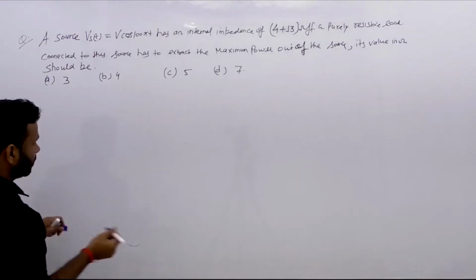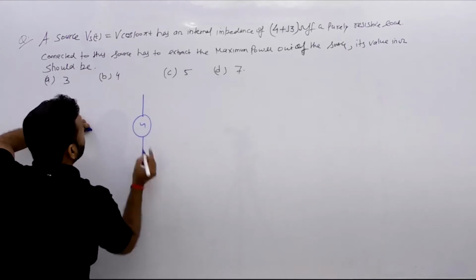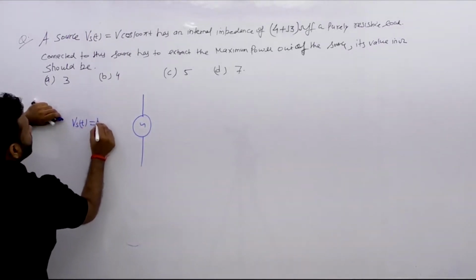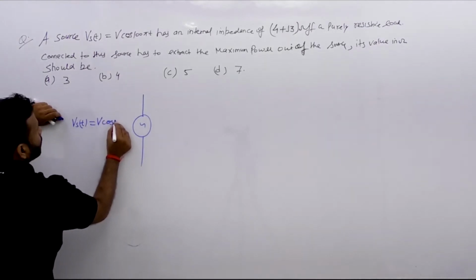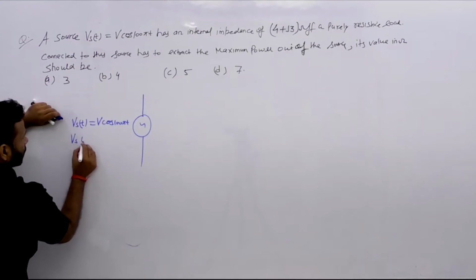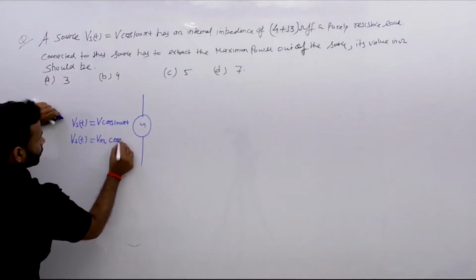What is the diagram with respect to this question? We have a source whose value is V cos 100 pi t. The general equation of a sinusoidal voltage is either in terms of cos or sine.